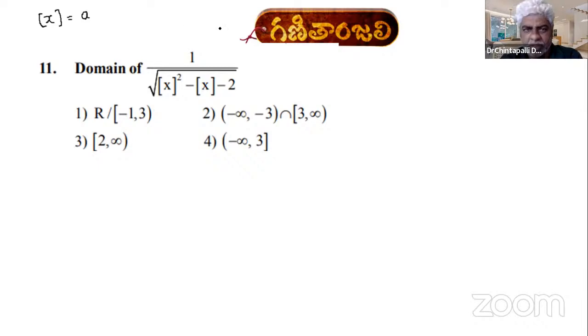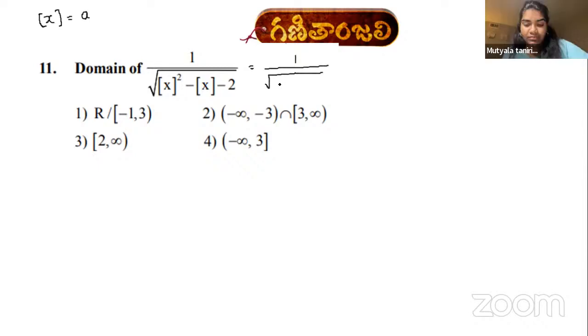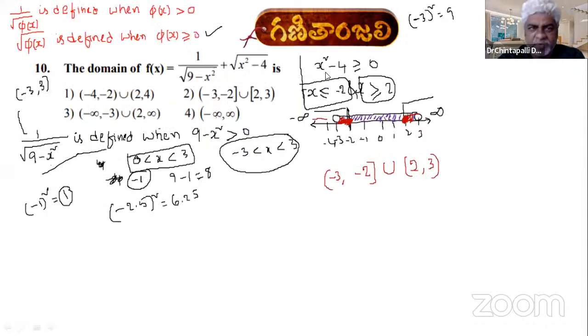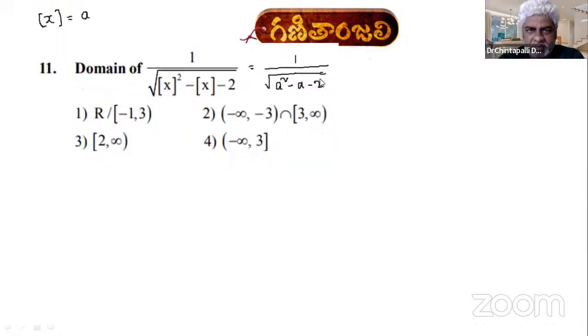Then the given function is a square minus a minus 2. Between these two formulae, which formula is used to find the domain of this function?